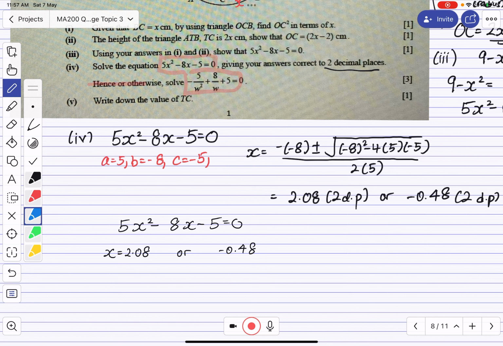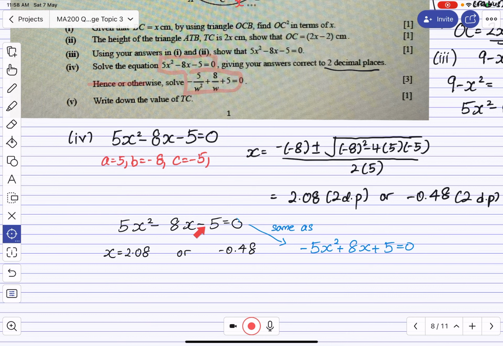All we need to do is to multiply this equation by negative 1, giving me the same solution as negative 5x squared plus 8x plus 5 equals 0. Now from here, I know that these two equations have the same solution.